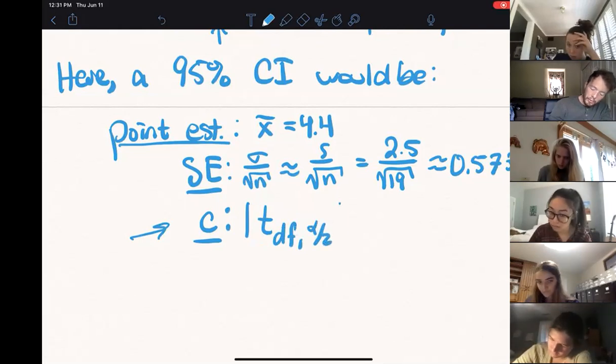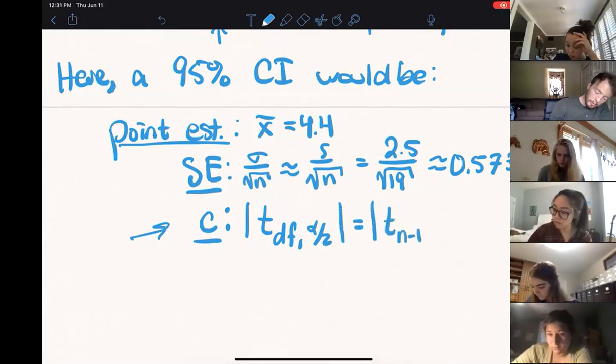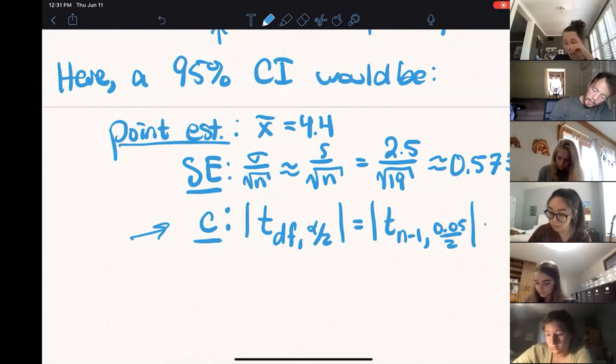This is the general form; let me write what it would be in our case. Our degrees of freedom is going to be n minus 1, and our alpha over 2 in this case is 0.05 over 2, which I would write as t of, we had 19 observations, so n minus 1 is 18, and 0.025. Close that absolute value.